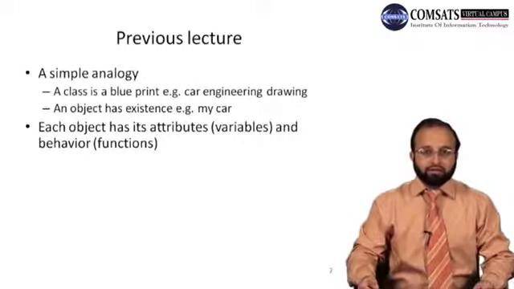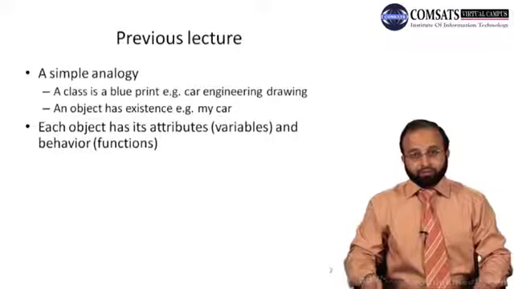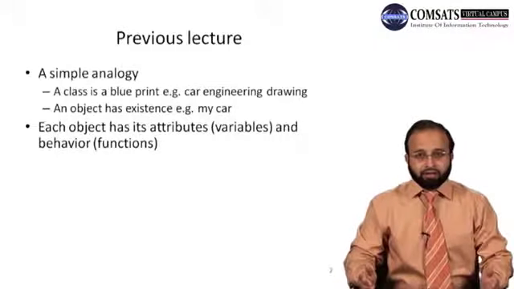So in the analogy we saw in the first lecture, there is a car engineering drawing, a very comprehensive drawing or design that shows the different functions or behavior of a car. If we build a car using that design, we get an actual car, and that car is the object of that car engineering drawing class, we can say, right?